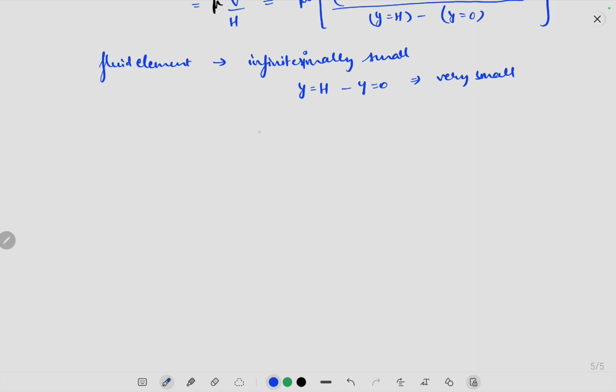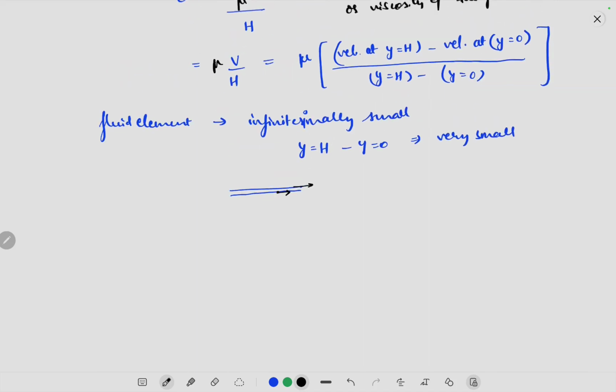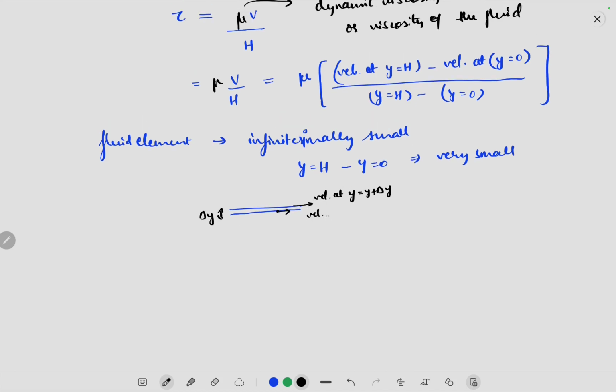So how would the situation look like? This is your, let's say, infinitesimal fluid element, and the upper layer has some velocity and this lower layer has some velocity. So this would be velocity at y is equal to y plus delta y. Let's say this is your delta y and this is velocity at y is equal to y.